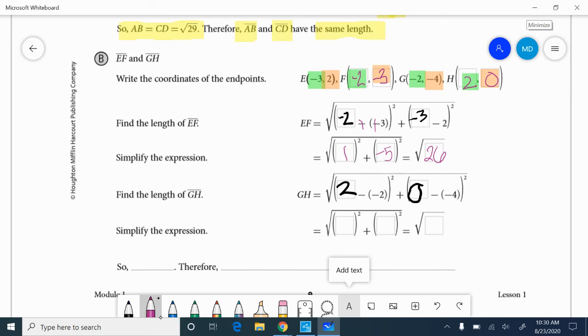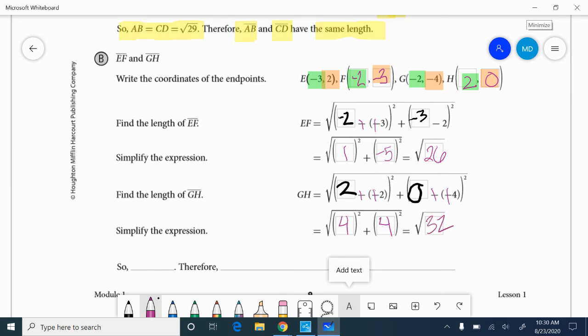Simplifying this, again, when you have a minus and a negative, you can think of drop a line, change the sign. So 2 plus +2 is 4. And over here, 0 minus -4. Again, drop a line, change the sign. 0 plus +4 is 4. 4 squared plus 4 squared. Order of operations: you square before you add. So 16 plus 16 is 32.